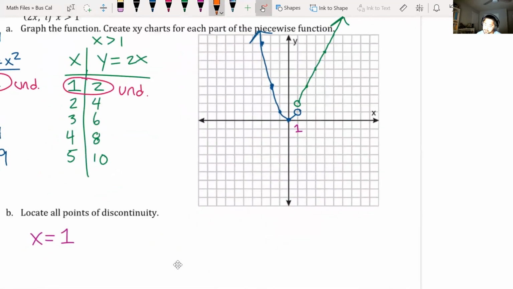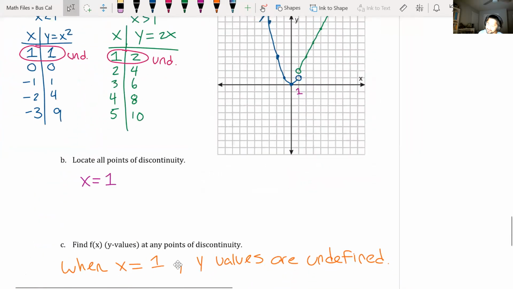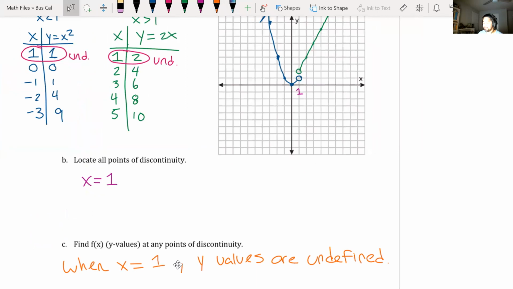It would still be x equals 1. But if that other one was located on the 2 and it was still an open circle, we wouldn't write it down because it would still be an open circle. Unless it was closed, is when we do write it down. Yes. Okay, I got you now. So if that was a closed one, you would write 1 or 2, either or, right? Right. Since they're both open, there is no y value there. All right. Good.